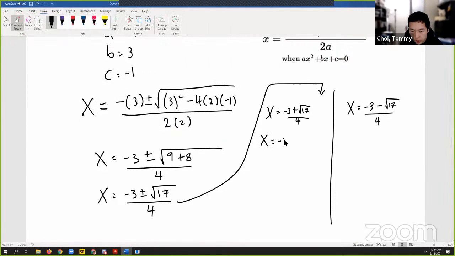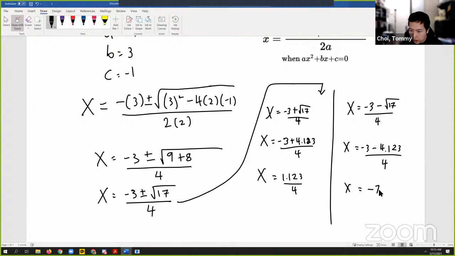So on the left, we get negative 3 plus 4.123 divided by 4. On the right, we get negative 3 minus 4.123 divided by 4. Okay. So that's going to give us 1.123 divided by 4 here, and this one here is going to give us negative 7.123 divided by 4 here.